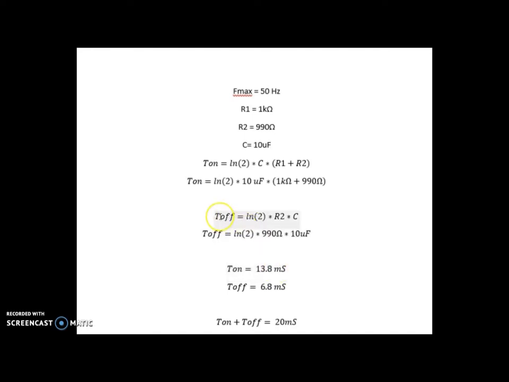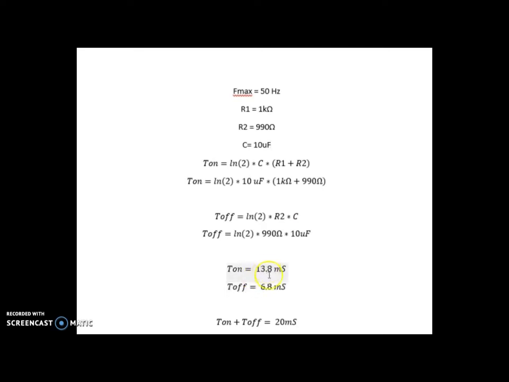And now to know the low time of our signal, we use this equation, that is logarithm of 2 times the second resistor times the capacitor, which gives a time of 6 milliseconds.